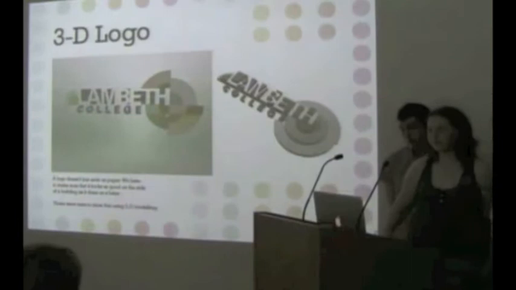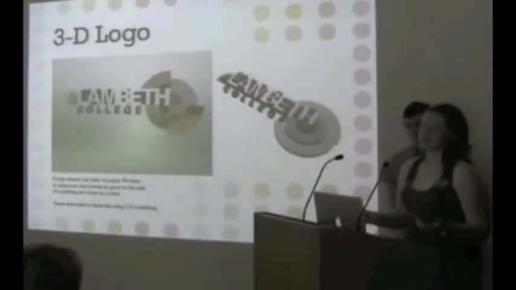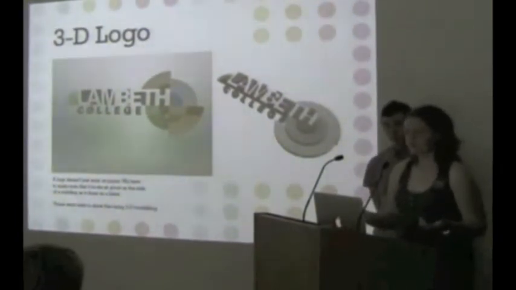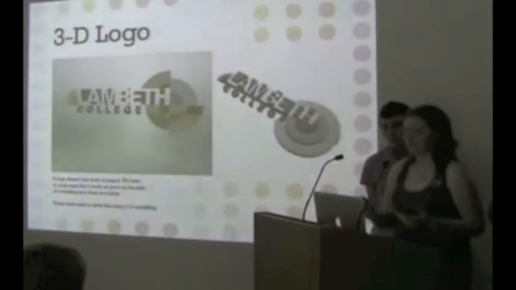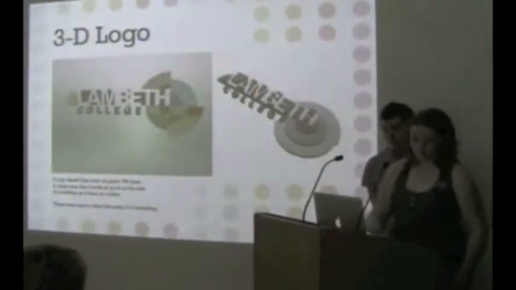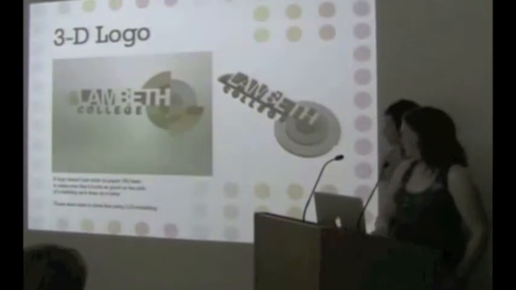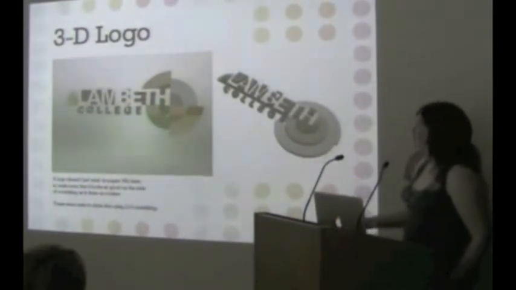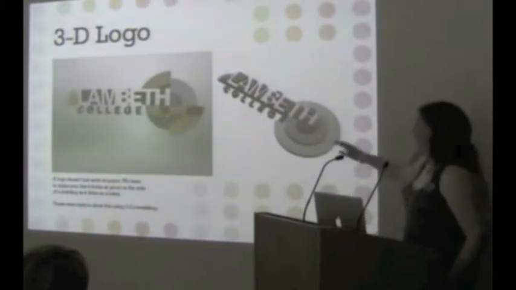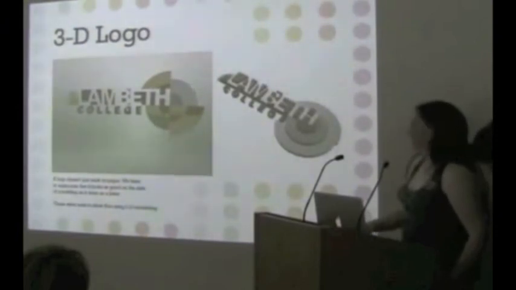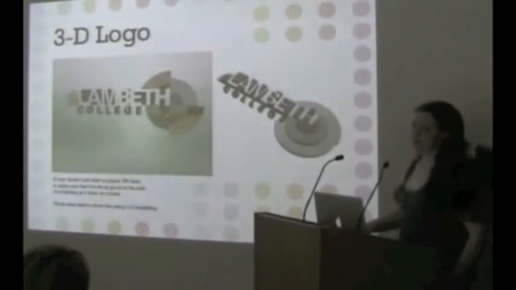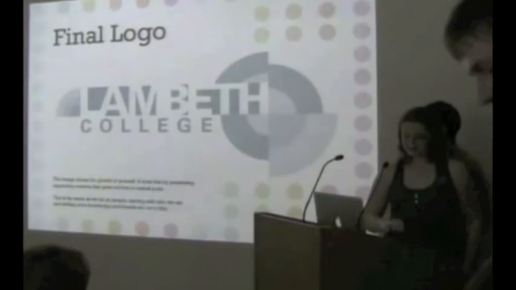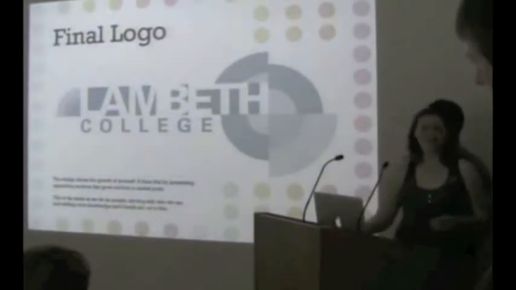For example, on the side of the building, on signage, on notices, it would work in geometric form. And this is how we modelled it with our original colour palette, with a glass texture. That was our previous version of this same logo, which we've developed since then. And that is our final logo.